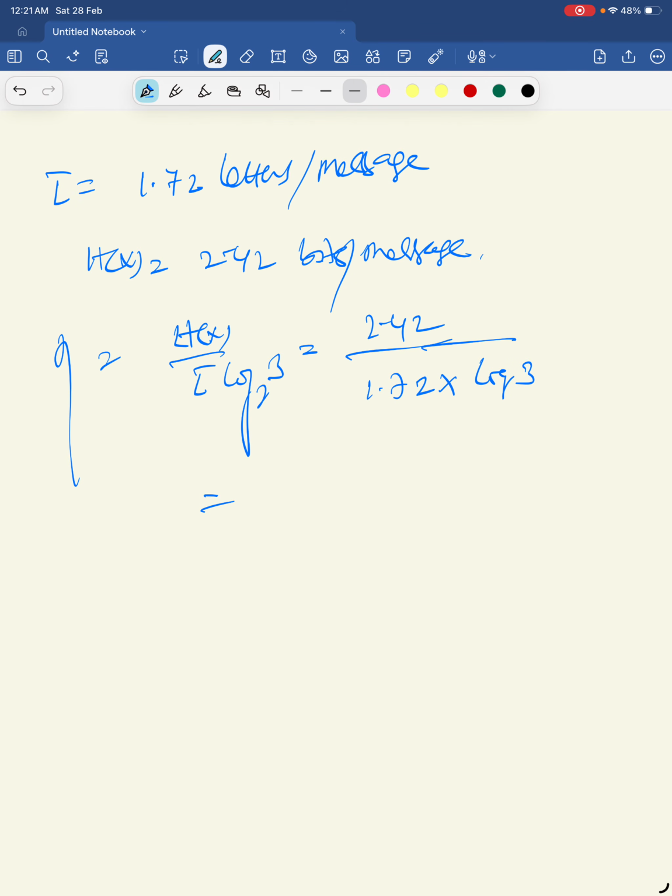So if we calculate, it will be 88.7%. So efficiency eta is equal to 88.7% here. So this is all about Shannon Fano coding, and these are very much important.